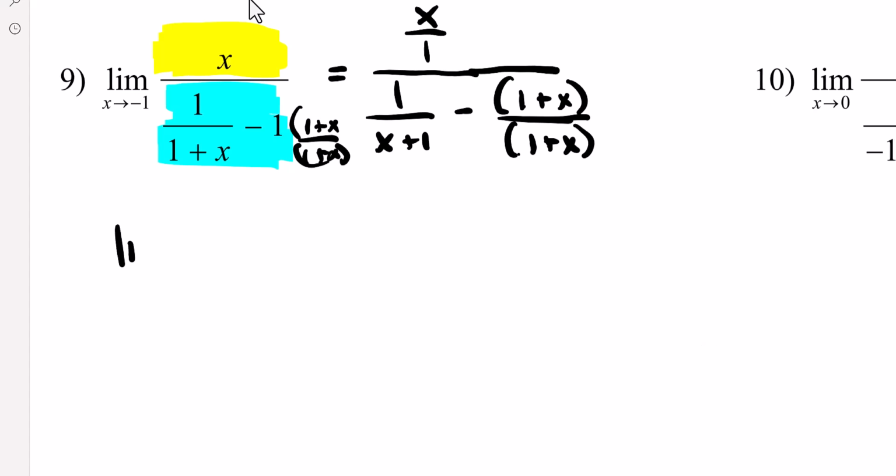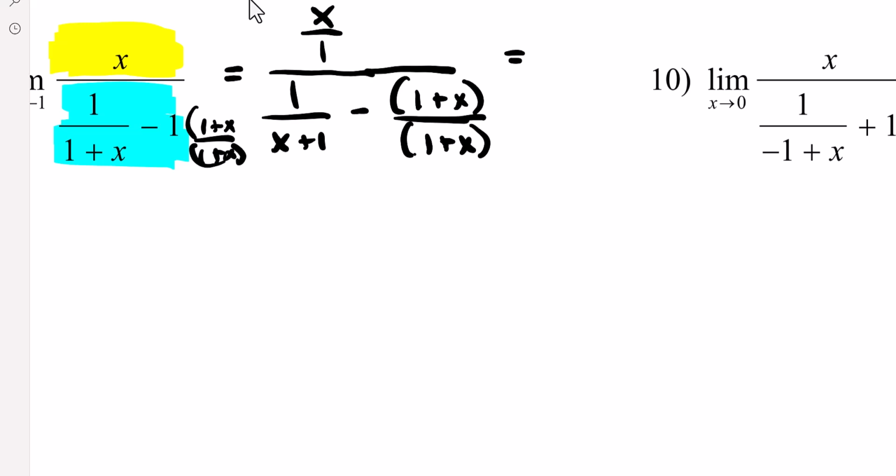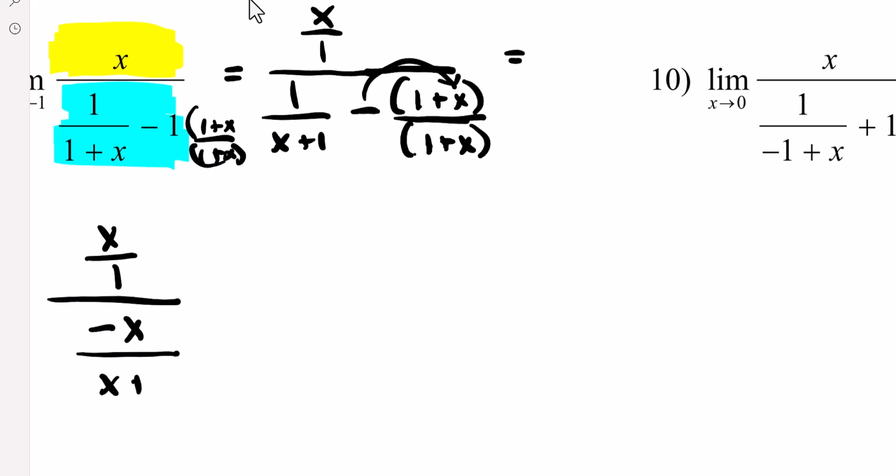So now we have the limit. Well, before I even finish, we're going to keep simplifying. So we have, I'll do it over here, x in the numerator. And now look at what we have. 1 subtract 1 is 0. And then there's still a negative sign, and that will distribute. So now down here, we have -x over, because these denominators are the same.